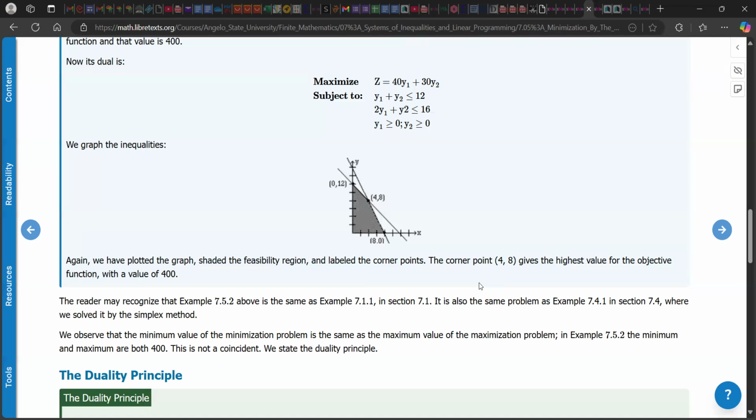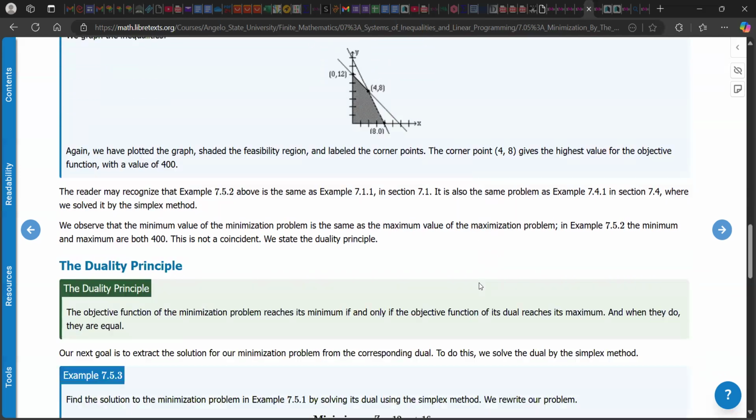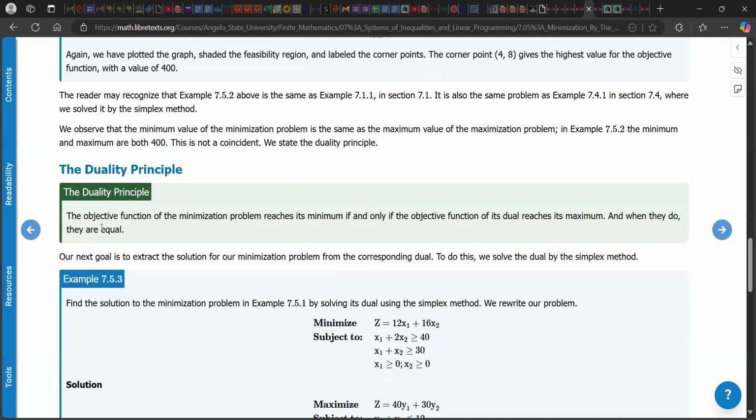The method of the graphical approach just doesn't reveal that. However, it can be seen in the simplex calculator, right? They're stating the principle here that to solve a minimization problem, you can find that minimum by transposing the problem into a maximum problem.